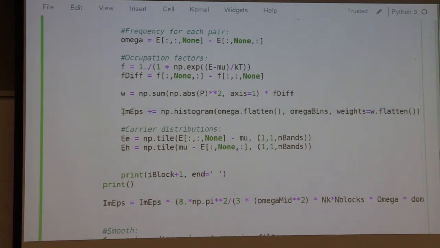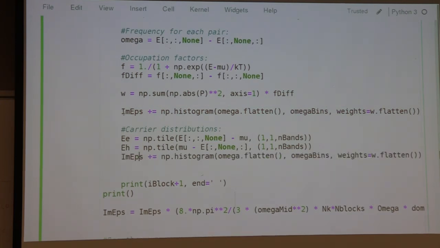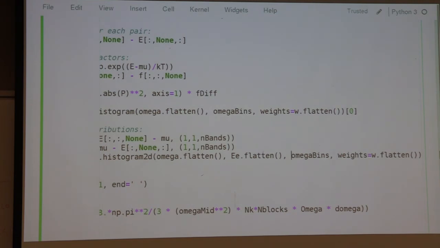So then I can collect this, which is going to be a histogram 2D with the frequency as the first axis and the electron energy as the next axis, and the weights that I'm going to use there are going to be the same.